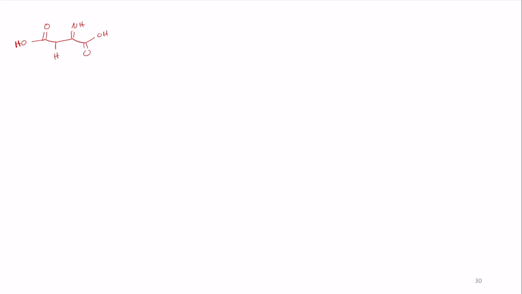And the first step that is going to occur is that we're going to have a base. And the base is going to pluck off the hydrogen. The electrons are going to fall down and go up onto the amine group. From here, we have this molecule.